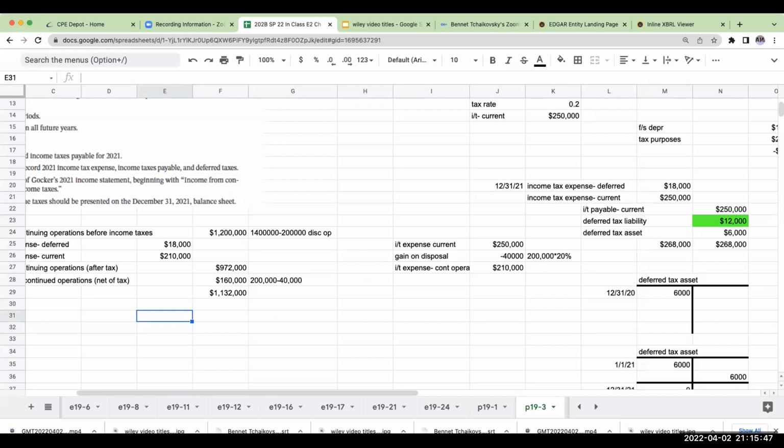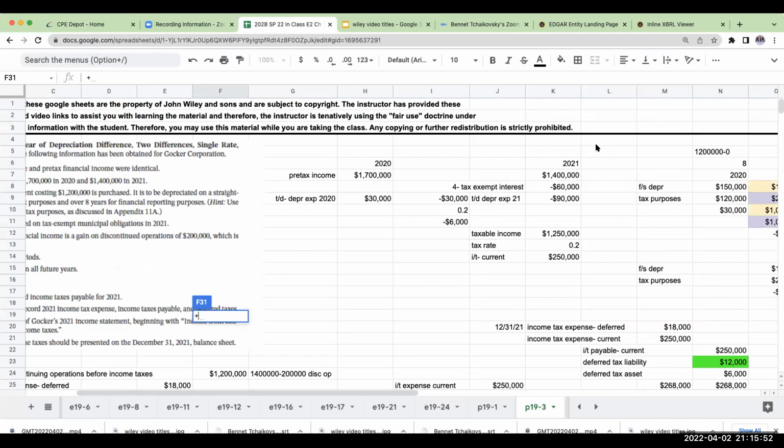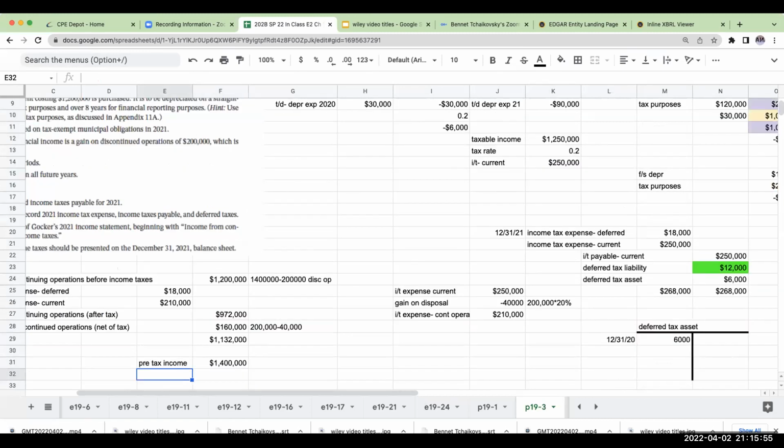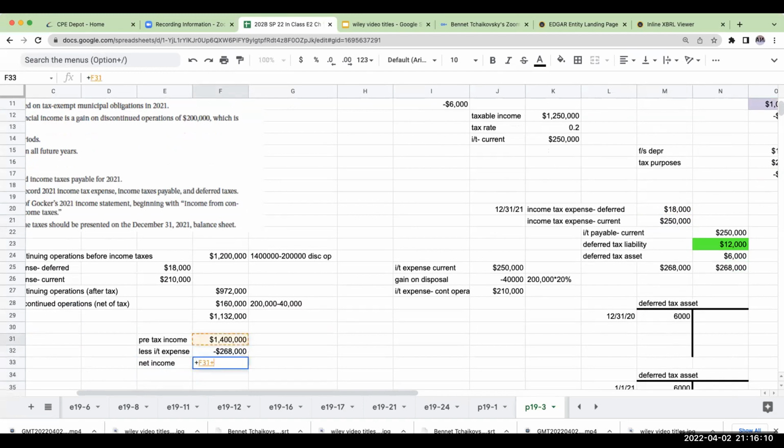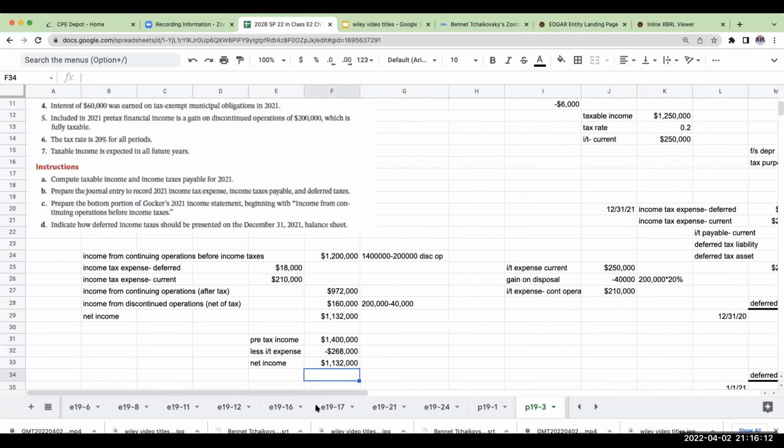My pre-tax income of 1.4 million, before any kind of adjustments, less my income tax expense, which would be both the deferred and the current portion, is going to give me my net income of 1,132,000. But when I go through and show this, I have to show it this way, because this is how I need to disclose it.